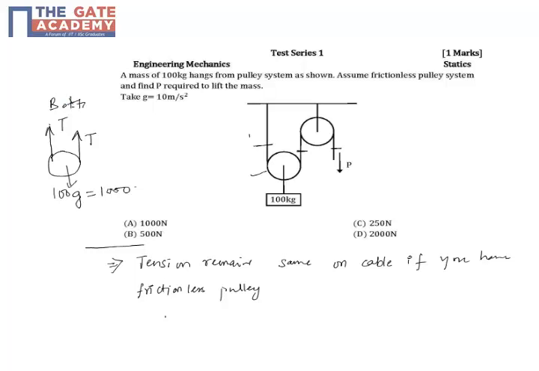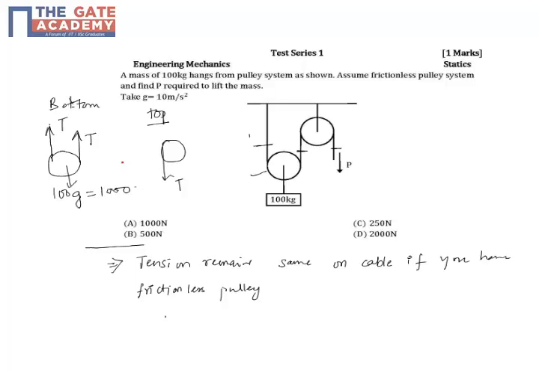For the top pulley, the free body diagram would be: this is the tension. Remember, the direction of the tension is always away from the pulley, because a cable can only support a tension. It cannot support a compression, it will slack.